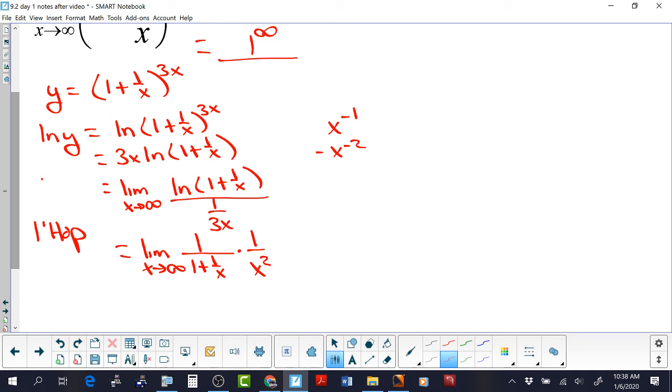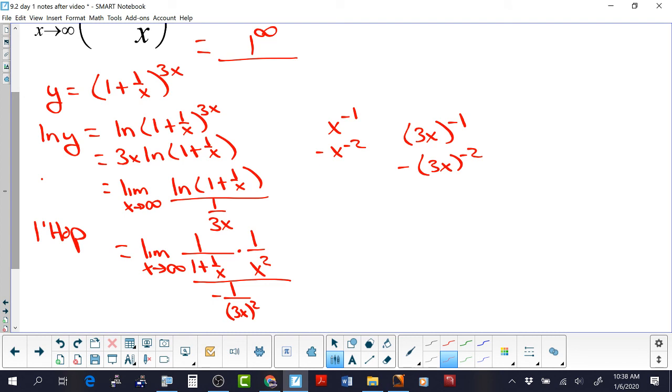Now we need the derivative of 3x to the negative 1. So negative 3x to the negative 2. So that's going to be over negative 1 over 3x squared. Oh, what'd I forget? Oh, yeah, I forgot the negative there.